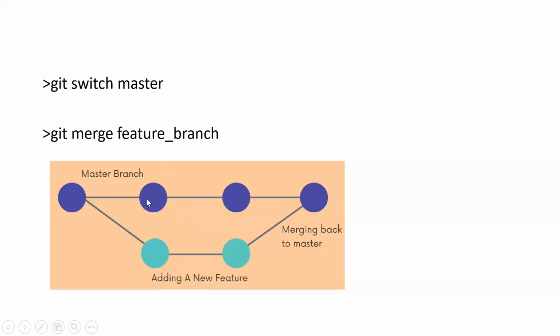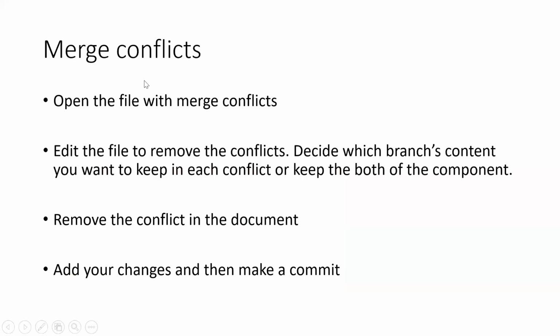Maybe someone directly worked on the master branch itself and changed the same file I worked on. When I try to push or merge my changes, if the same file has been updated by someone else, I can receive this kind of merge conflict.